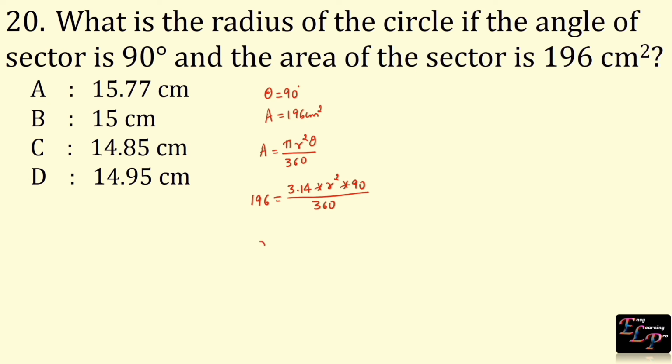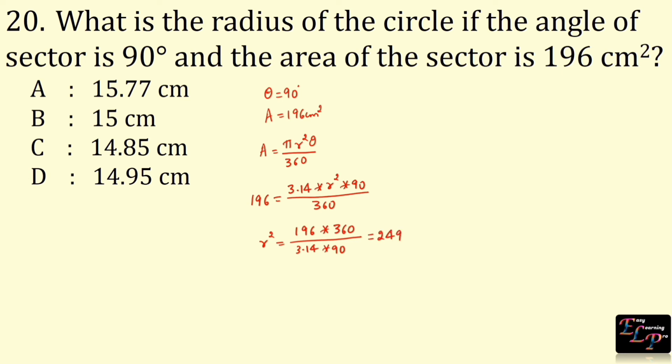R square will be equal to 196 into 360 divided by 3.14 into 90, which is equal to 249.